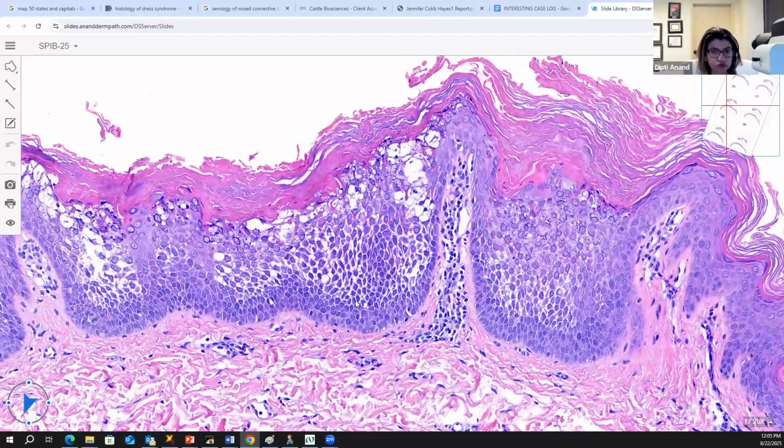This is an important reaction pattern, so we will talk about the differential in this, and we will talk about how to approach this slide.